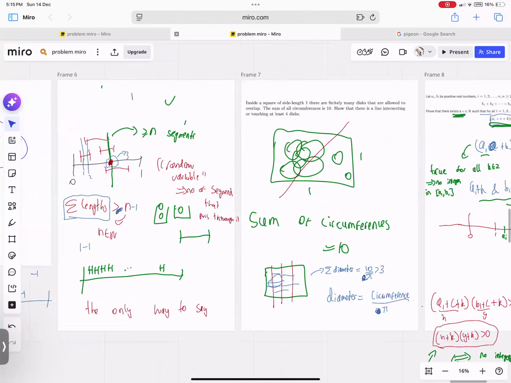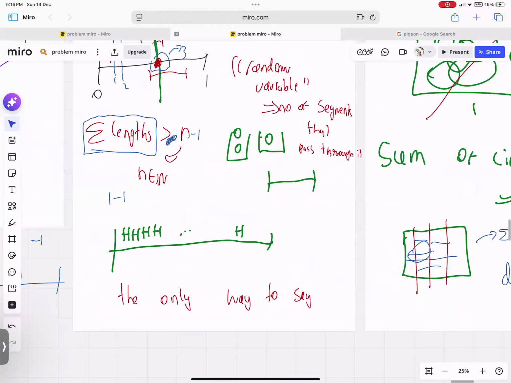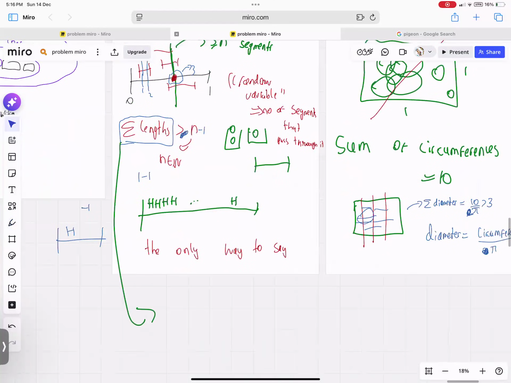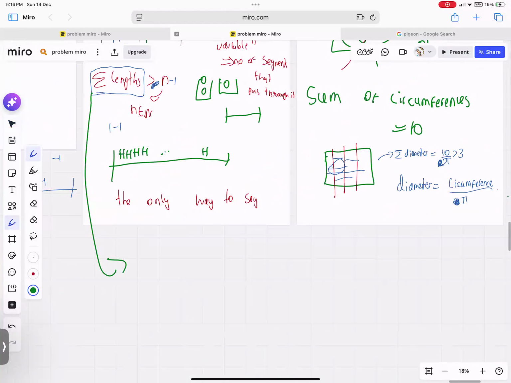Okay, in this problem, let's change stuff up a bit. In this problem we did a while back, say the sum of lengths is at most n.